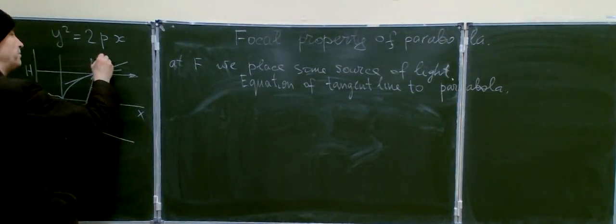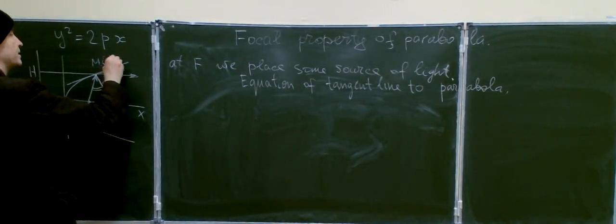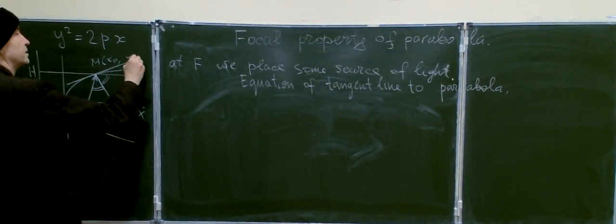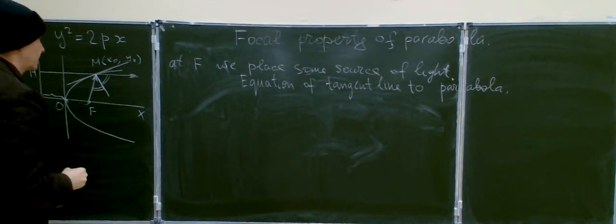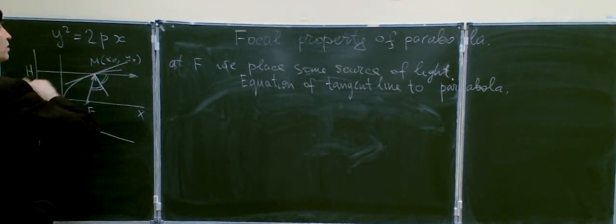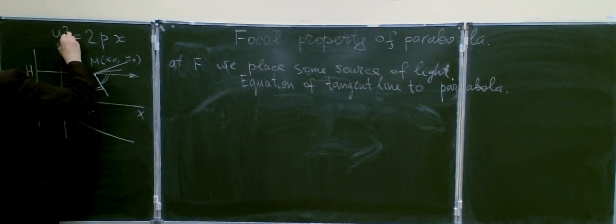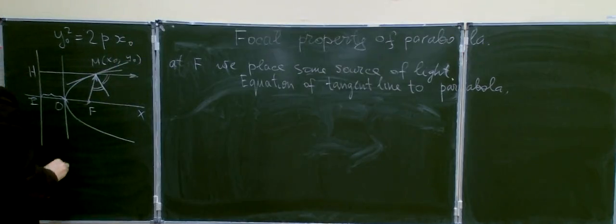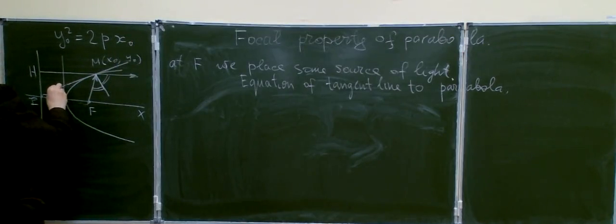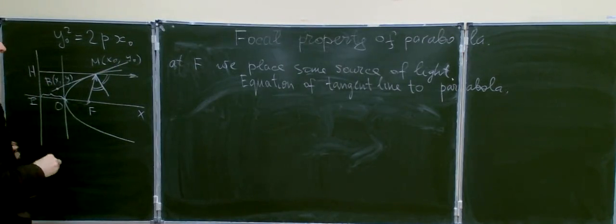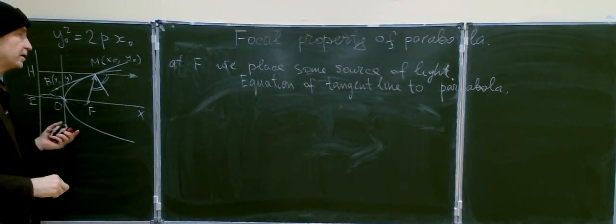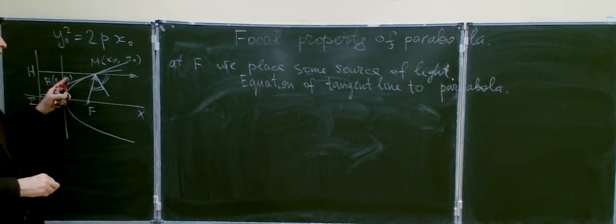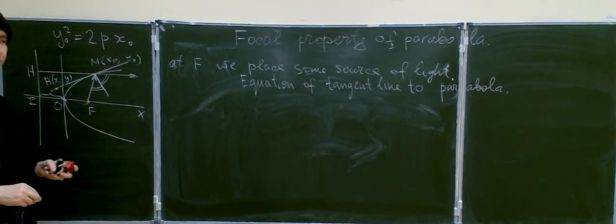Assume that our point M had the coordinates x0 and y0. Then, because it is on the parabola, we can write that y0 squared is equal to 2 times p times x0. And assume that we have some point on the tangent line. For example, this is point B with the coordinates x and y. And we should write the equation that will comprise x and y and x0 and y0.